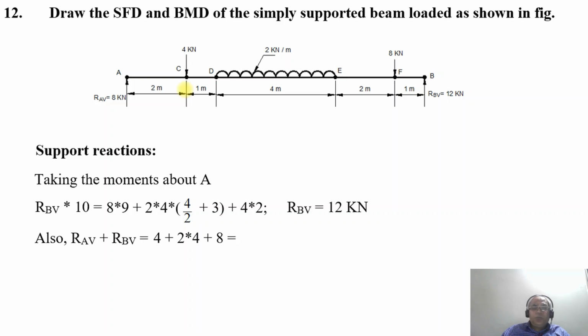On simplification, RAV equals 20 minus 12, which is 8 kilonewton at the support A. Therefore, RAV will be equal to 8 kilonewton.